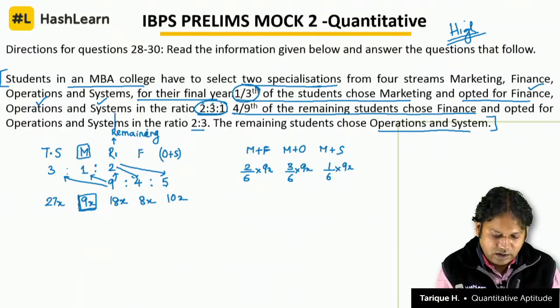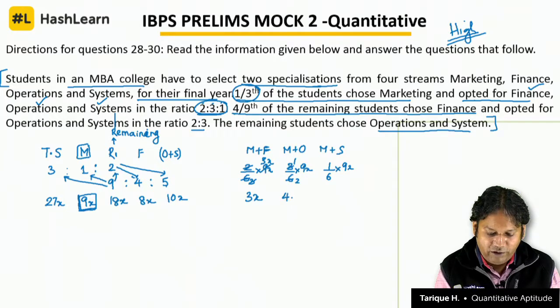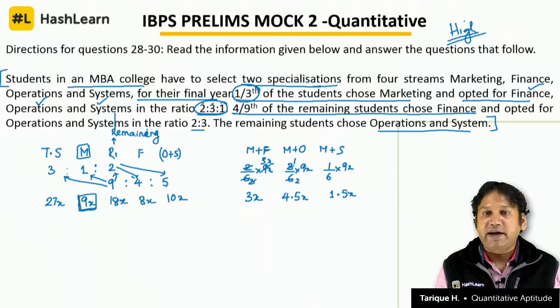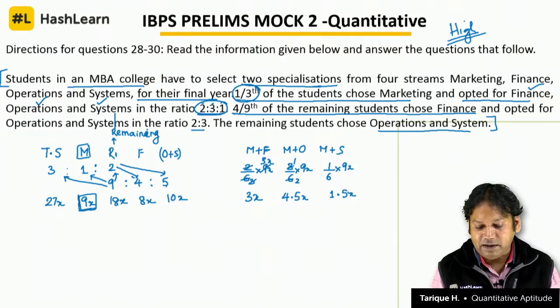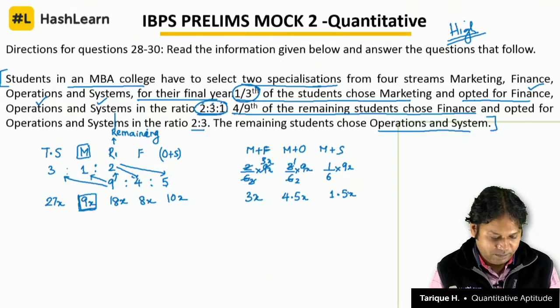That gives us 1/3 of 9x, that's 3x. So marketing plus finance 3x, marketing plus operations 4.5x, marketing plus systems 1.5x.